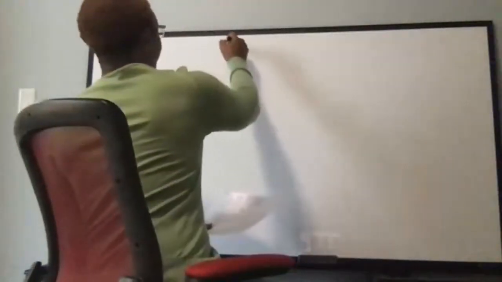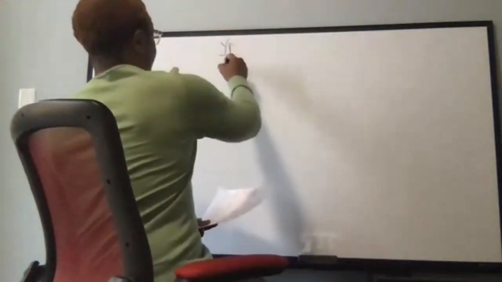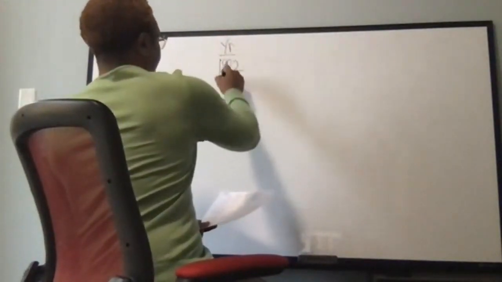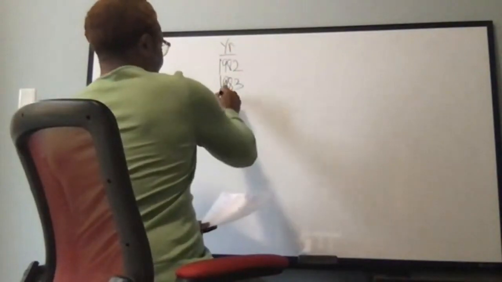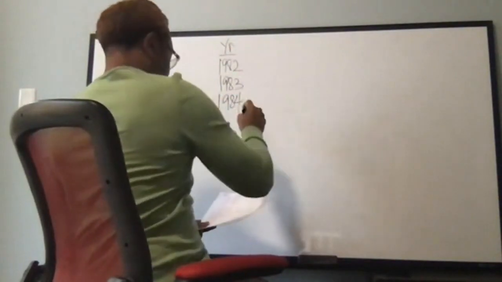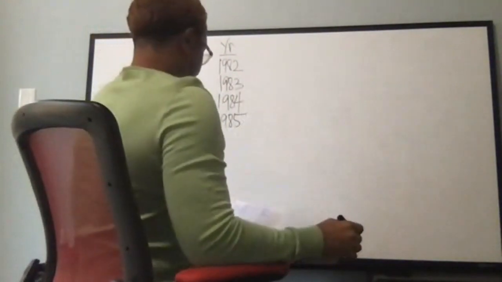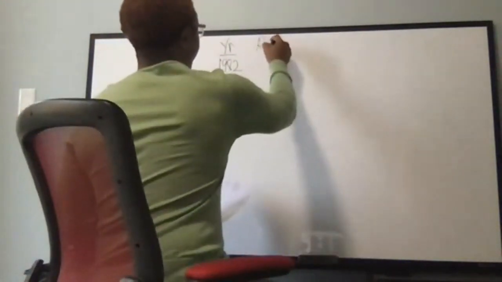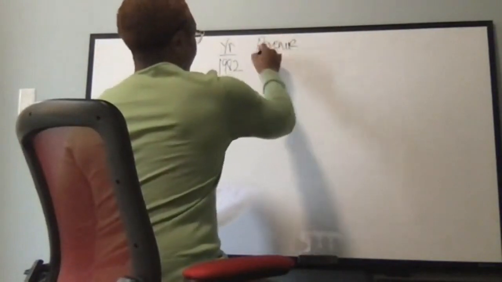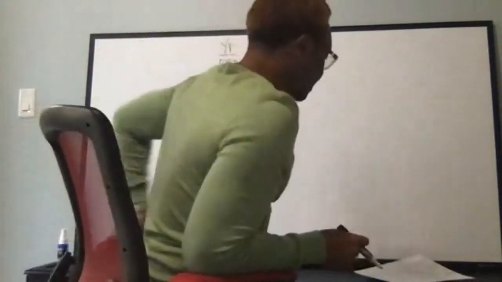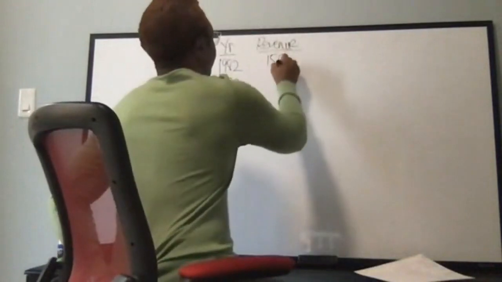It was year. We started out with 1982, 1983, 1984, 1985. And this was revenue here. This was the 1588.